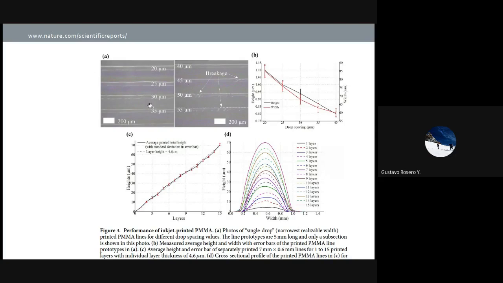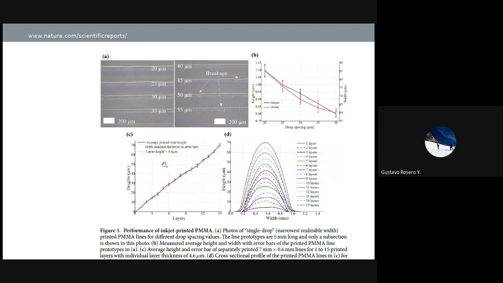The microfluidic channel, remember, was printed by PMMA ink, and they print 15 layers, and then they measure the height of this, and they almost found a linear relation in figure 3, part C.